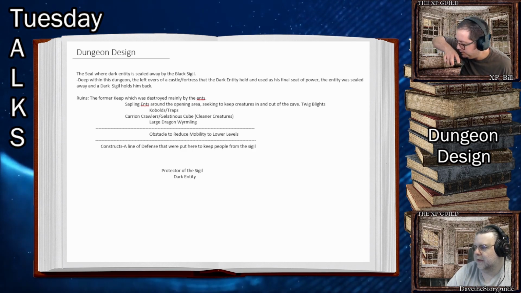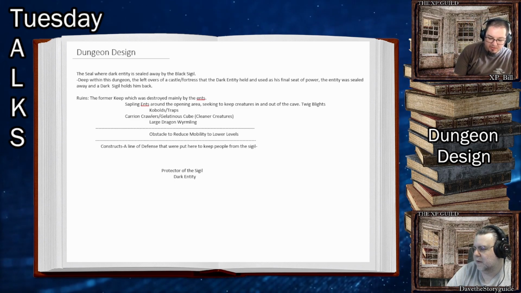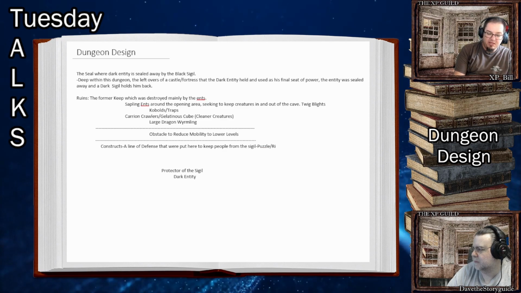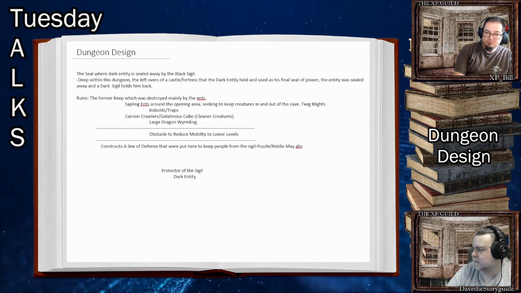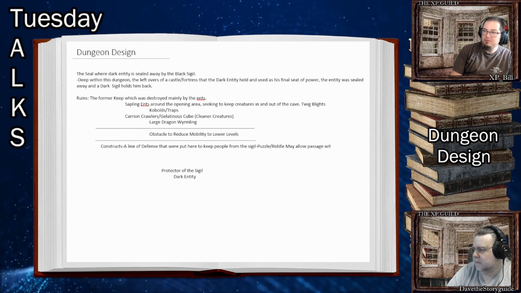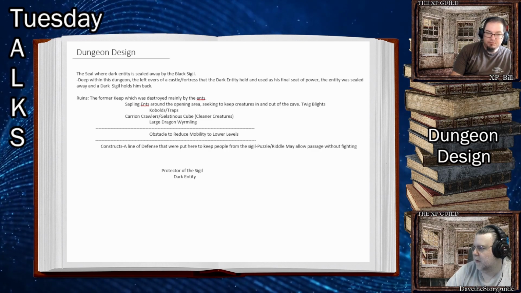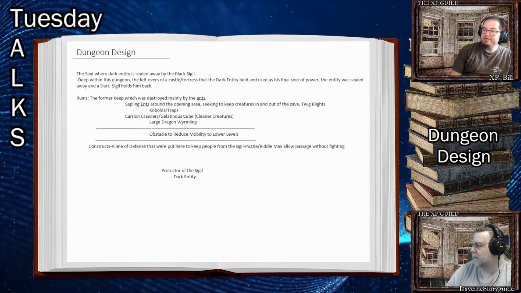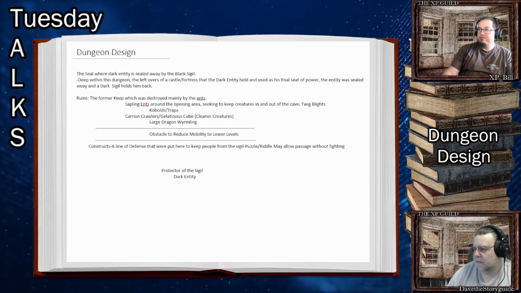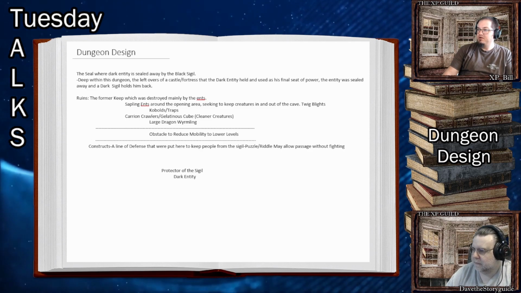So beyond that, I think we're just adding here a puzzle or riddle may allow. Yeah, if we go much lower, we start to face the themed monsters that should fit the theme of our dungeon.